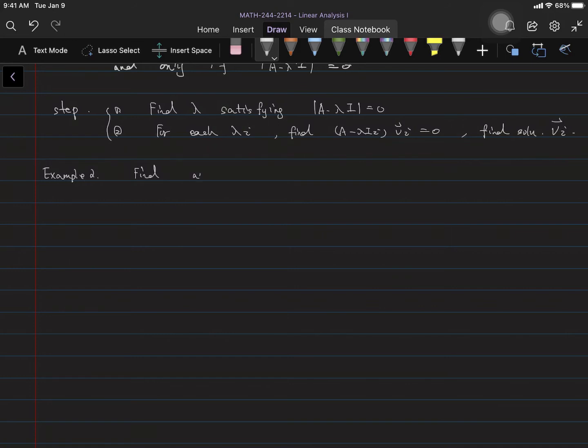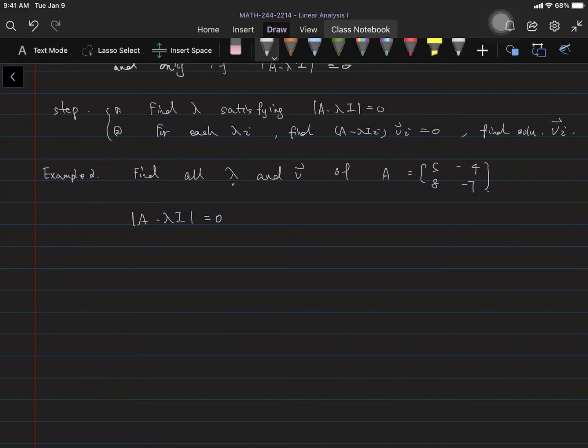Find all eigenvalues and eigenvectors, lambda and V, of this matrix: 5, -4, 8, -7. This is our matrix A. So let's see how to solve for lambda. Lambda has to satisfy the determinant of A minus lambda I equals 0. So first, we need to set up this determinant.